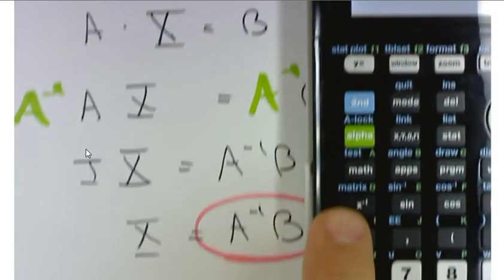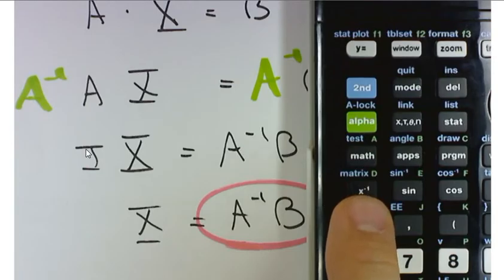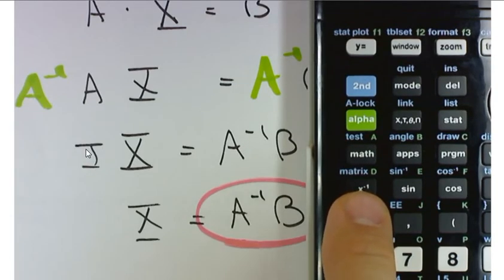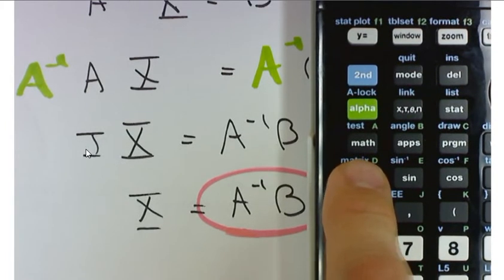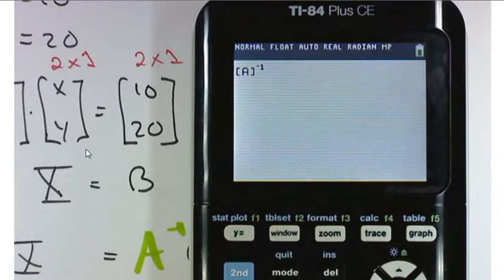Well, you ready? What's this button here? Reciprocal, right? Something to the negative first power. Let's hit that. If you hit that, then boom, you get the inverse, just like that. Yeah, I know. You're like, really? We sat here for 15 minutes? I'm sorry.